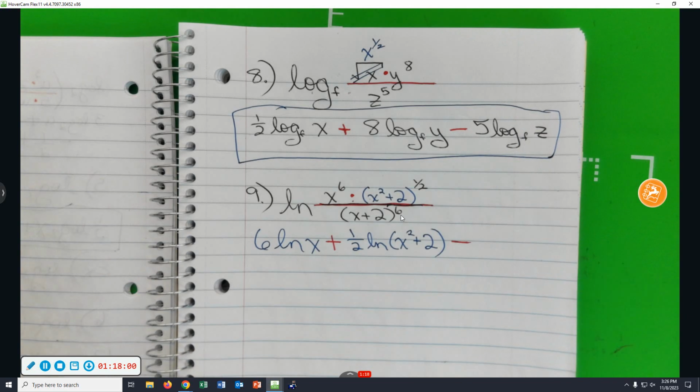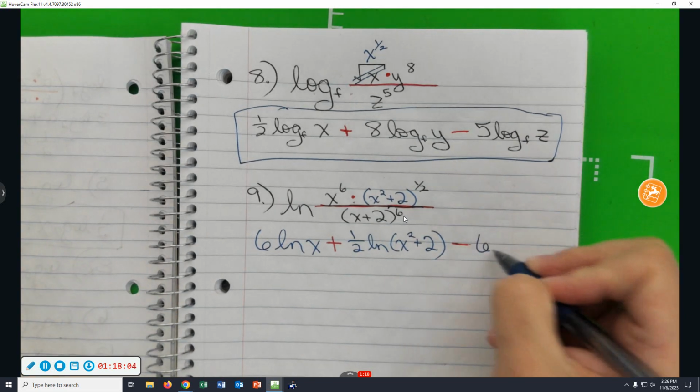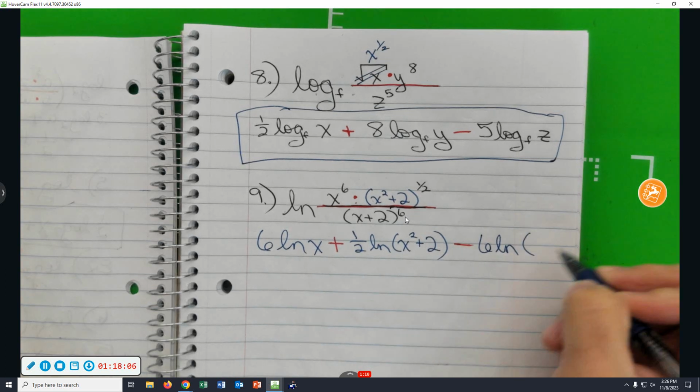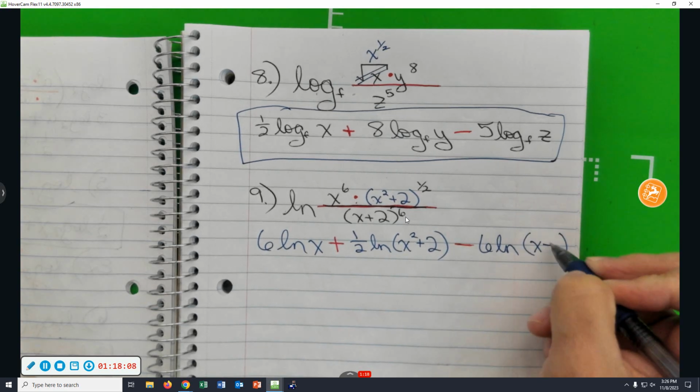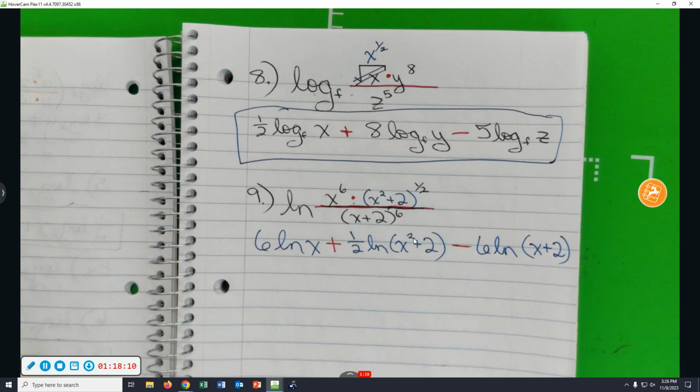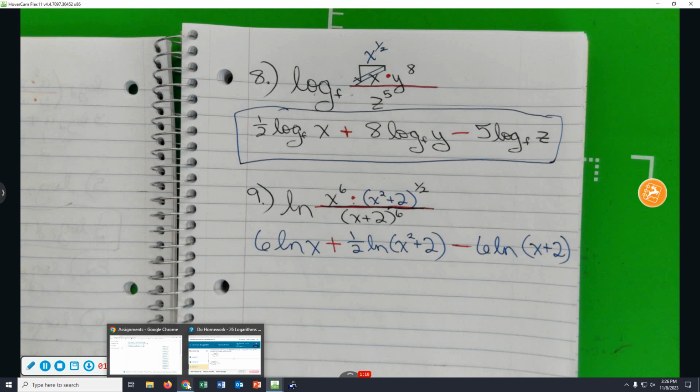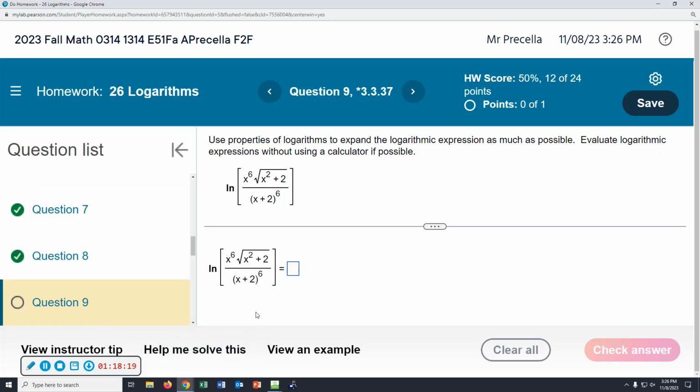Minus. Do we have a coefficient? If so, what is it? 6 ln, and we have another set of parentheses with the x plus 2. If your argument has a plus or minus, you're going to have to enclose it in parentheses.